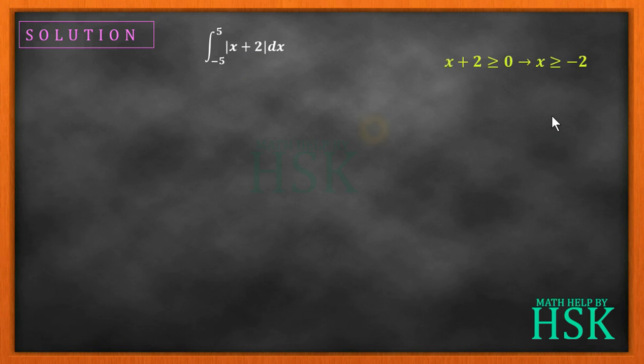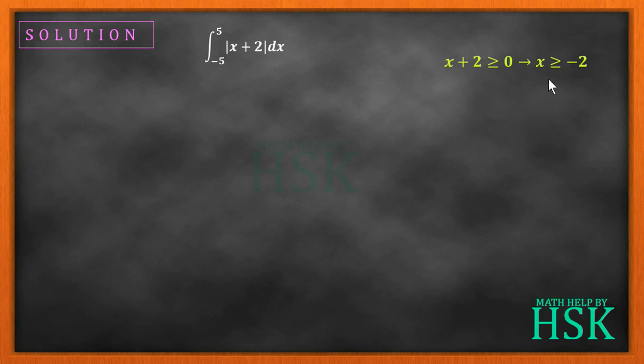First of all we see that x plus 2 is greater than or equal to 0 when x is greater than or equal to -2. This means that the value given inside the modulus is positive for all the values of x greater than or equal to -2.